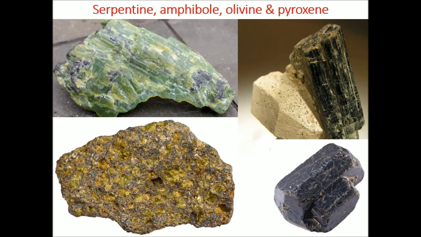And the top left photo is of serpentine, which is not an essential constituent of igneous rock, but olivine is generally altered to this mineral. That is why I have kept this photo of serpentine, so that in the field, if you see anything like this, you will count that it could be olivine which has been altered to serpentine.